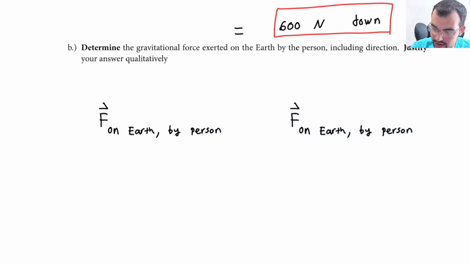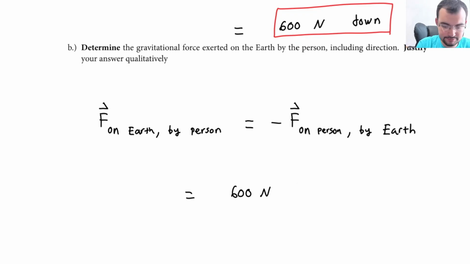So the force on the Earth by the person will be equal to just the opposite of the force on the person by the Earth. So if Earth pulls down on the person, the person pulls equally up on Earth. So it wouldn't be 600 newtons down, it would be 600 newtons up.